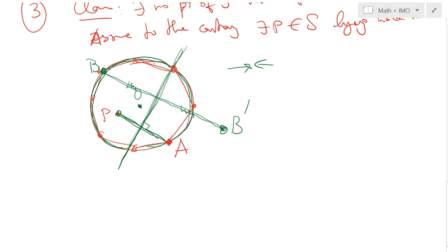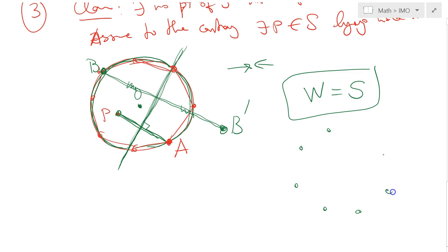So therefore, the convex hull is exactly equal to the set itself. So the set is convex, yes, but a regular polygon with any number of vertices. At least n is greater than or equal to 3. The number of vertices should be greater than or equal to 3, and that solves the problem.